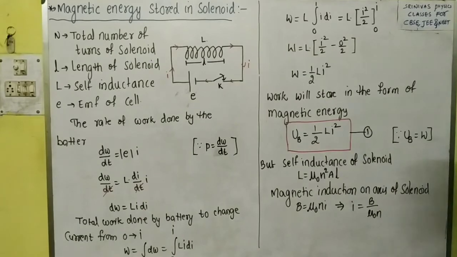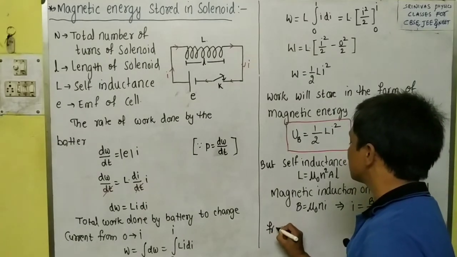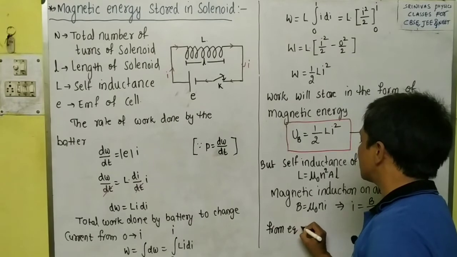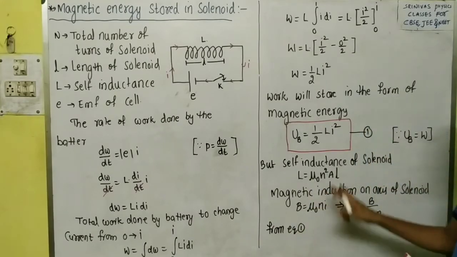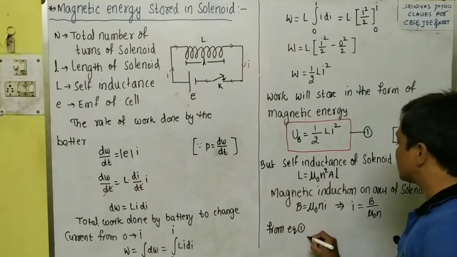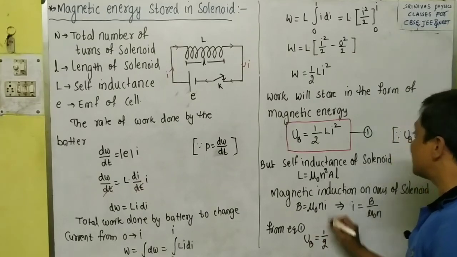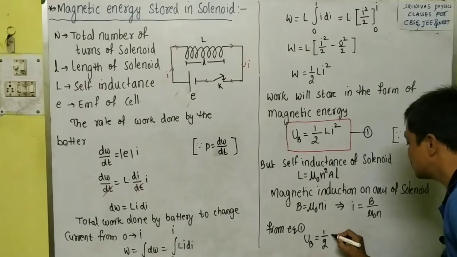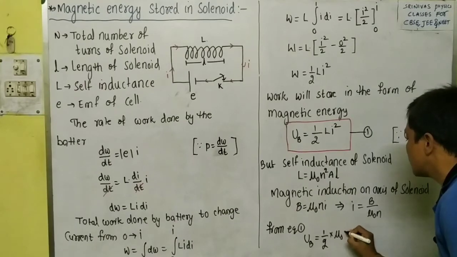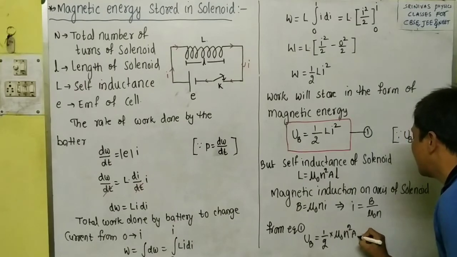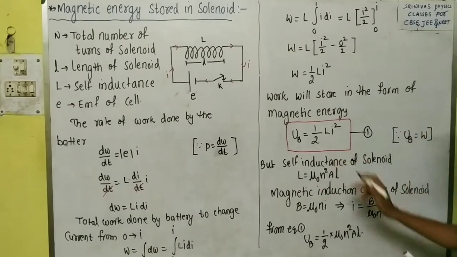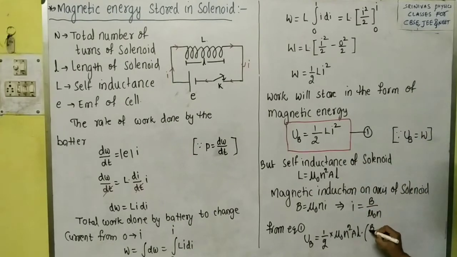Then from equation 1, what will you get? These two you should substitute for the solenoid. The magnetic energy we will get as half L I square, where L is mu naught n square A L, into I square, and I is B by mu naught n, whole square.